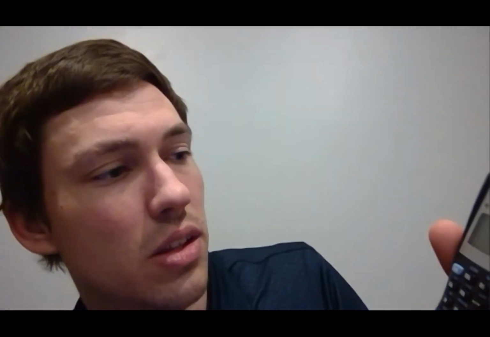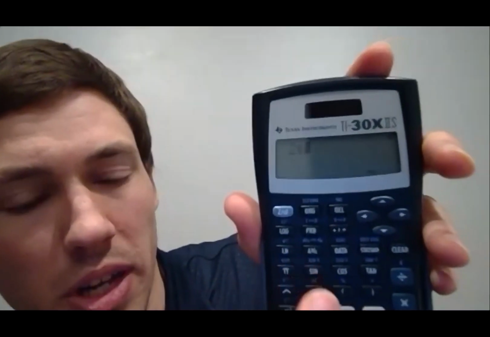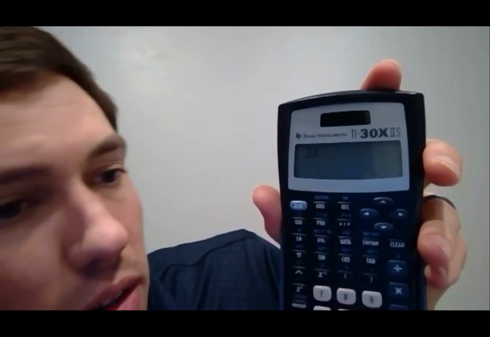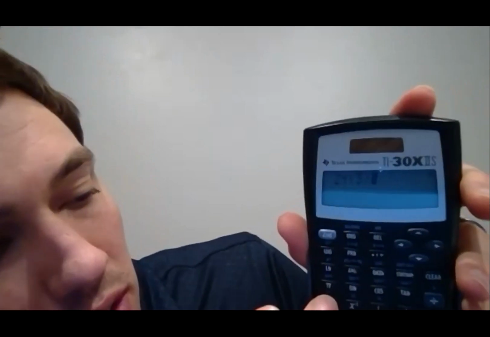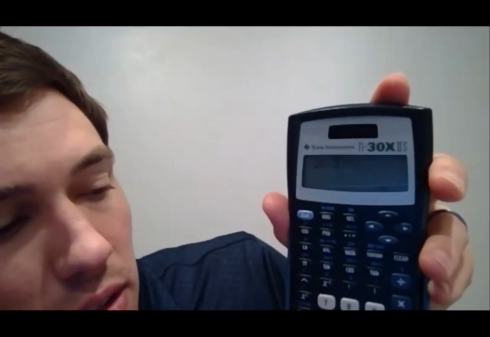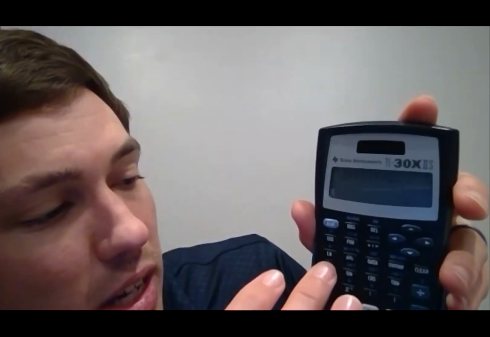So it's going to look like 2 times pi, 2 pi r, which in this case is 5, close parenthesis, squared, plus 2 pi, parentheses, 5 again, r, times h, which is 11.